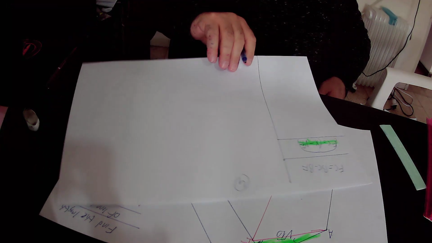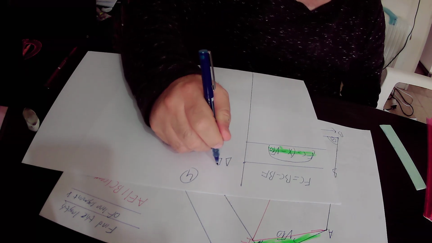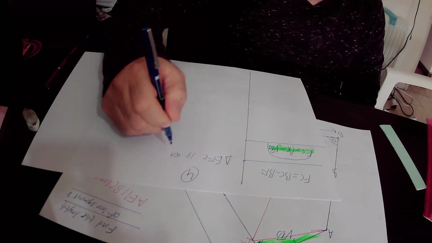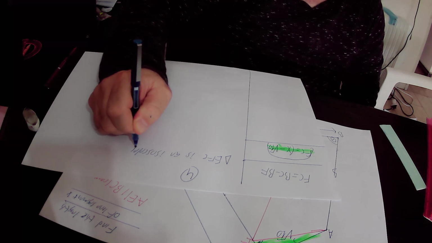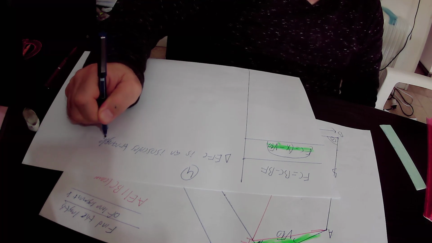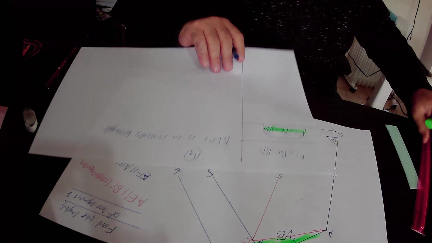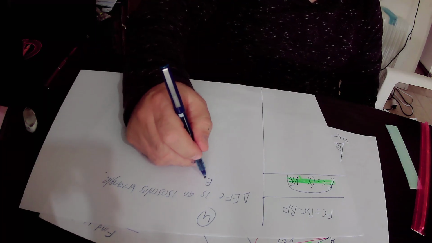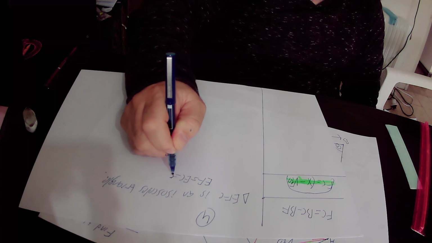I'll write it down: triangle EFC is an isosceles triangle because side EF equals side EC, EF equals EC equals 5 units. For that reason, it is an isosceles triangle.